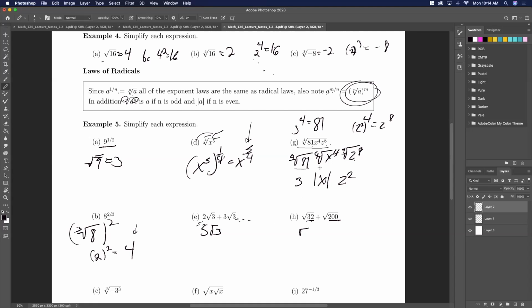Yeah, I can pull out a 16. Let's pull out a 16, because I get 16 times 2. This comes out to be a 4. And then here, I can pull out a 10 because 10 squared is 100, right? So this becomes 100 times 2, which gives me 10 times square root of 2.